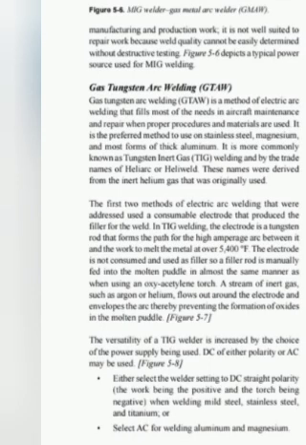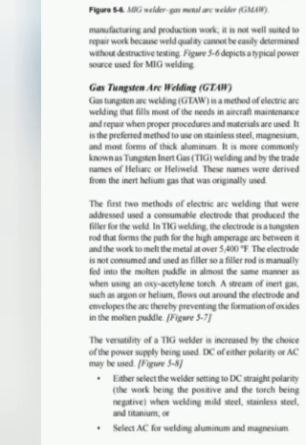Gas tungsten arc welding. Gas tungsten arc welding is a method of electric arc welding that fills most of the needs in aircraft maintenance and repair when proper procedures and materials are used. It is the preferred method to use on stainless steel, magnesium, and most forms of thick aluminum.